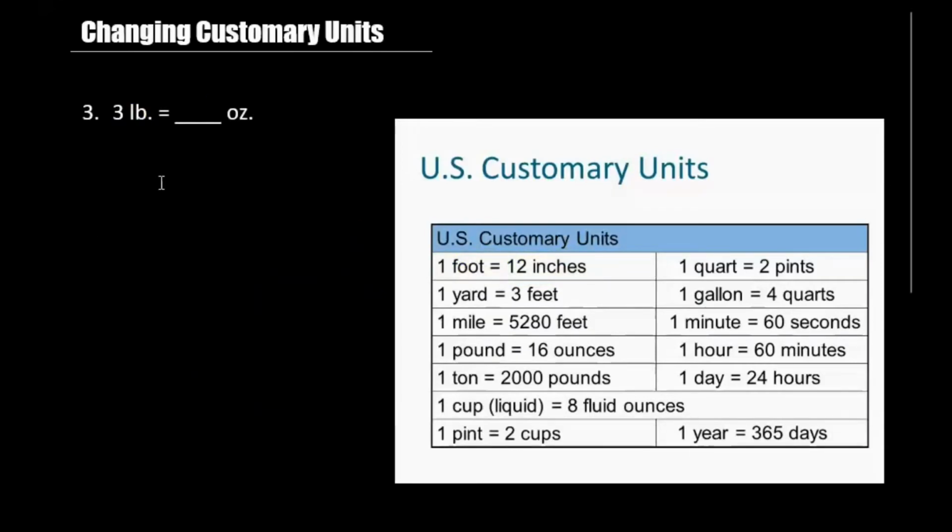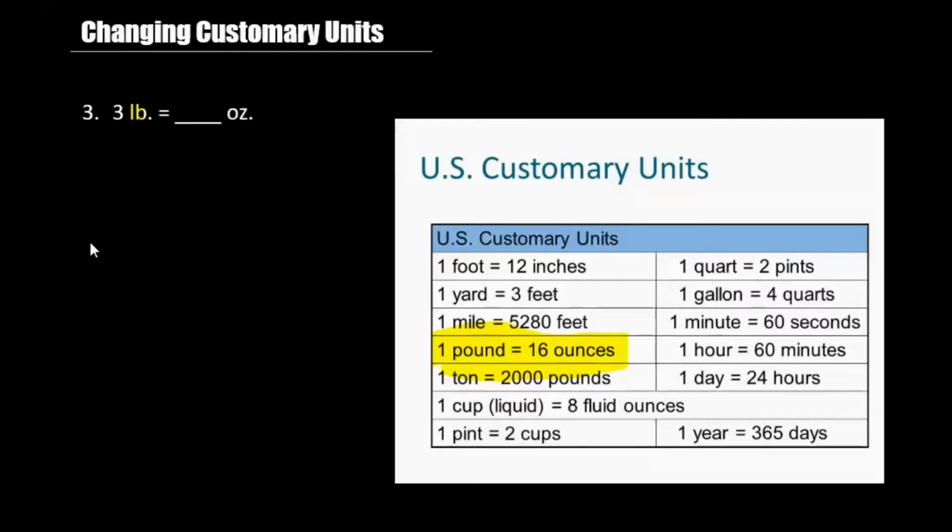The third question is 3 lbs equals how many ounces? Right here we just need to find lbs. Lbs means pound. Pound and lbs are the same thing. So 1 pound is equal to 16 ounces, and we need 3 pounds.